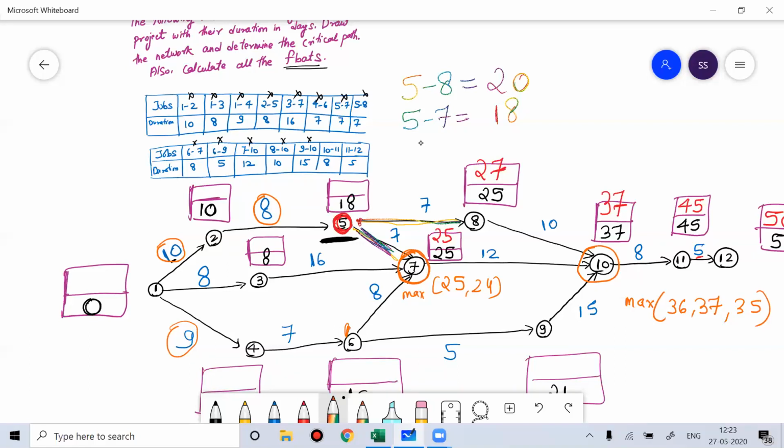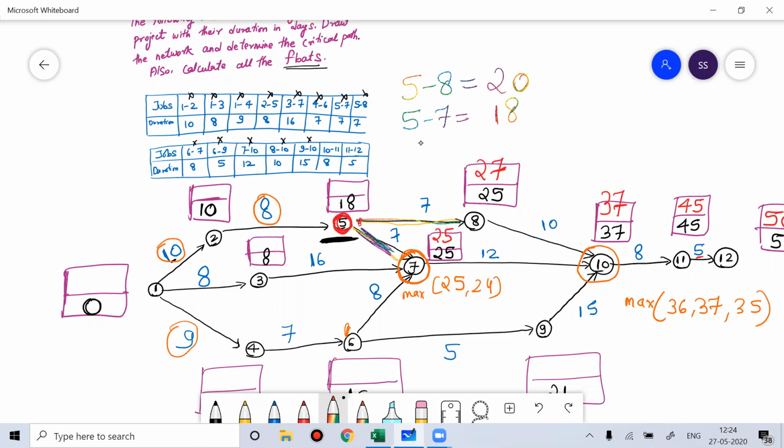One activity is activity 5 to 8, and the other activity is activity 5 to 7. Activity 5 to 8 is getting over in 20 hours, while activity 5 to 7 is getting over in 18 hours.